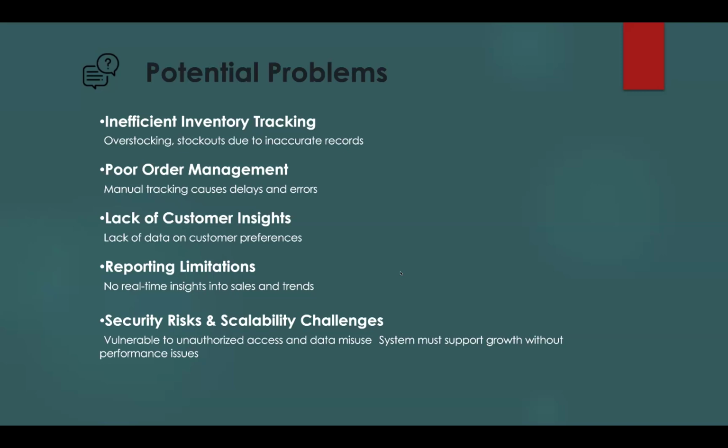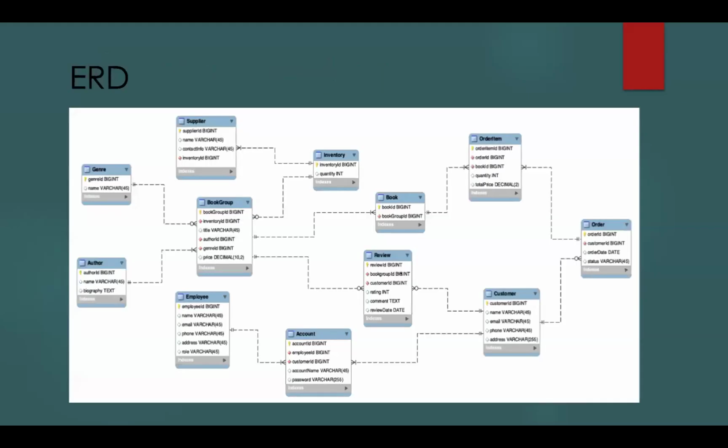As the business or organization grows, the system must be able to handle larger inventories and increased user load. To address those 6 main issues, we designed the database system. And I'm going to pass the next slide to Chenglong, and he's going to continue to talk about the entity relationship diagram.